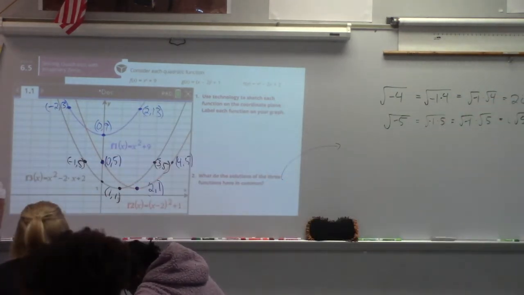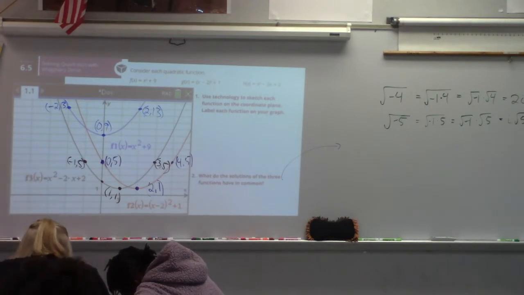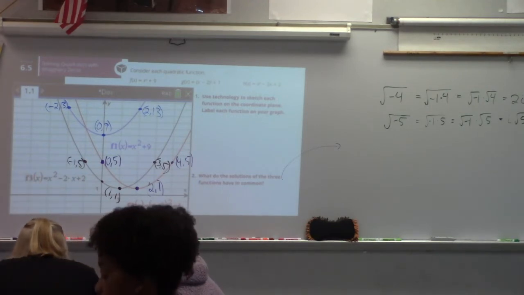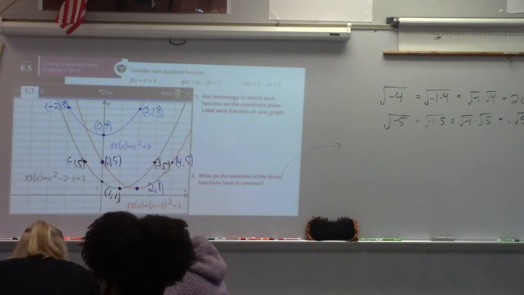Okay, so graph those points, graph the individual parabolas, and then sketch it out for those other values.